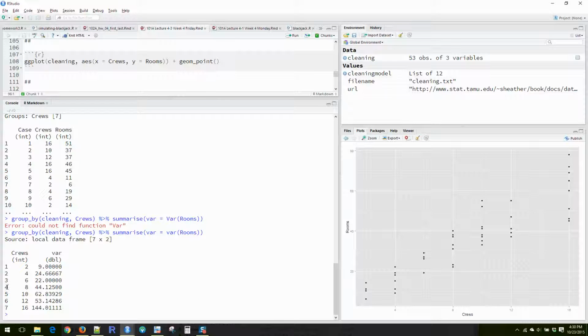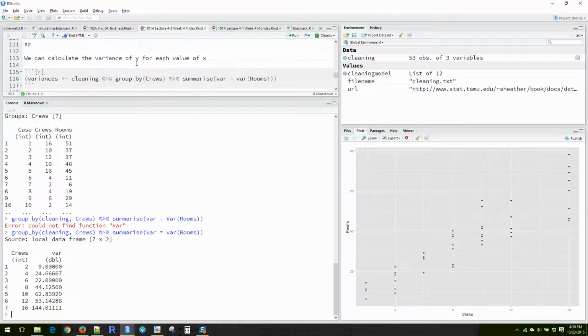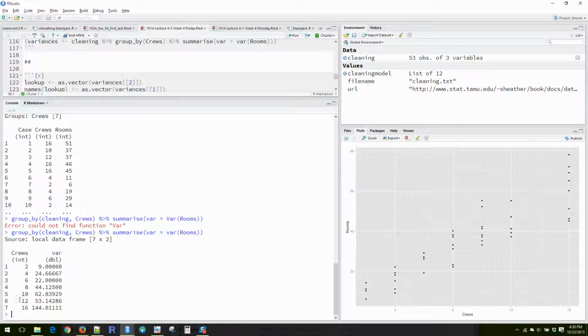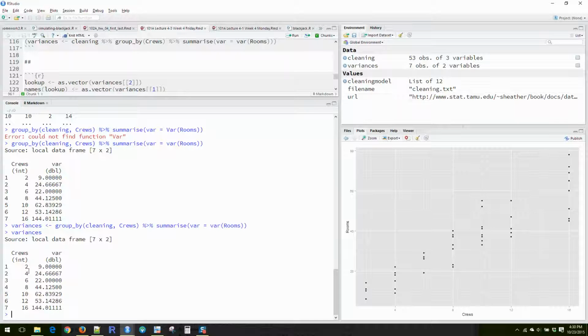And so it does it. That's amazing, right? So dplyr is pretty awesome. If you couldn't tell, I'm a fan of this. I'm going to store this as a table called variances, which has summarized the variance for each cleaning crew.